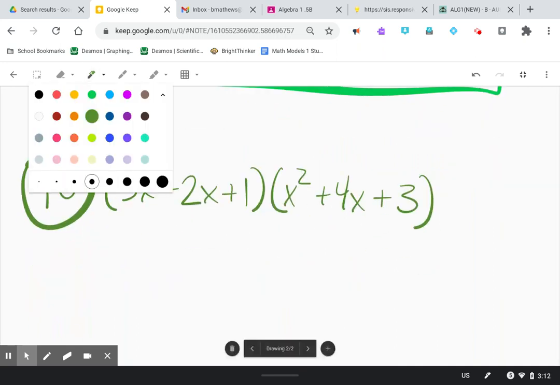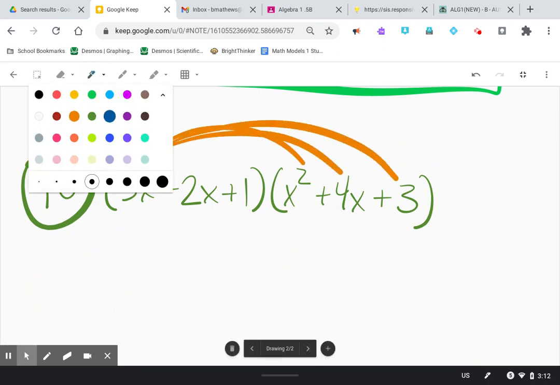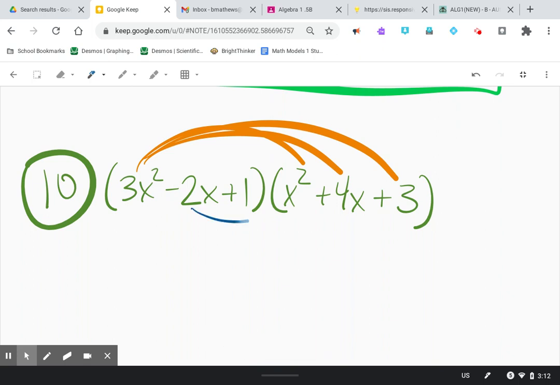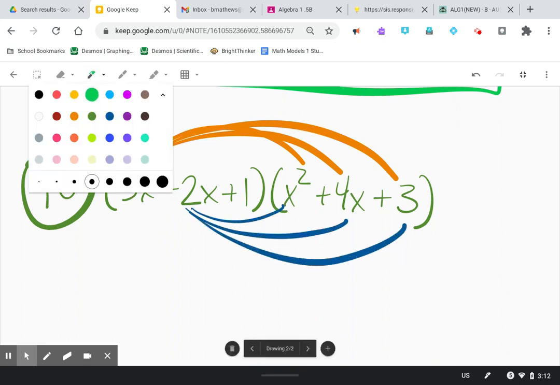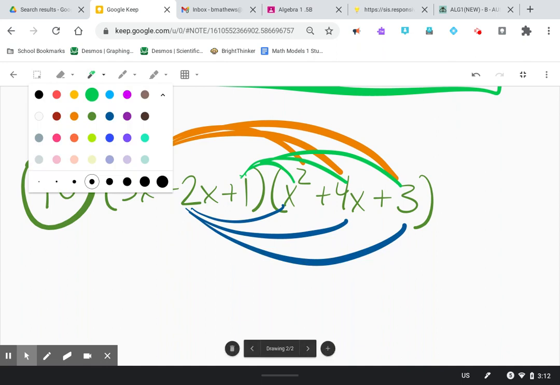So again, we're going to have 3x squared times everything. Then we're going to have negative 2x times everything. And then we're going to have 1 times everything. So let's do those each separately.